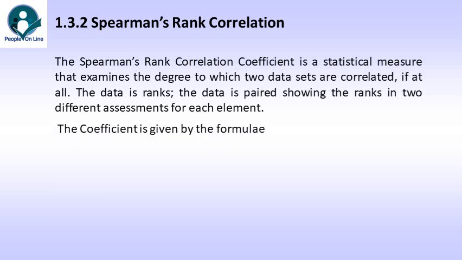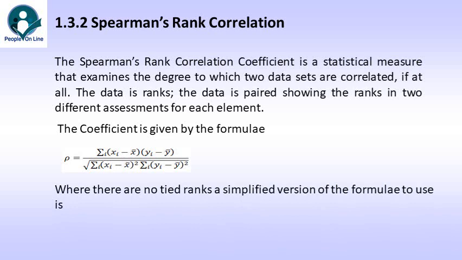The coefficient is given by the formula. The coefficient is equal to sigma of xi minus x bar into yi minus y bar, and in the denominator you have square root of xi minus x bar square into yi minus y bar square.